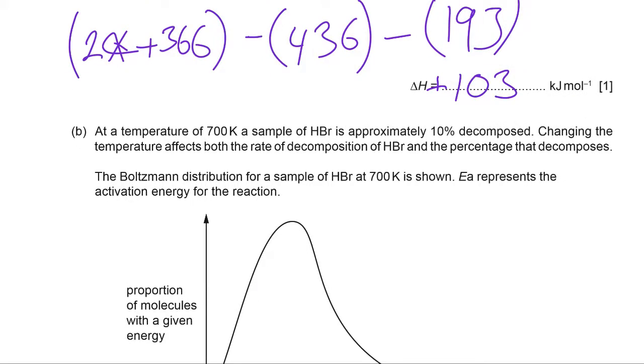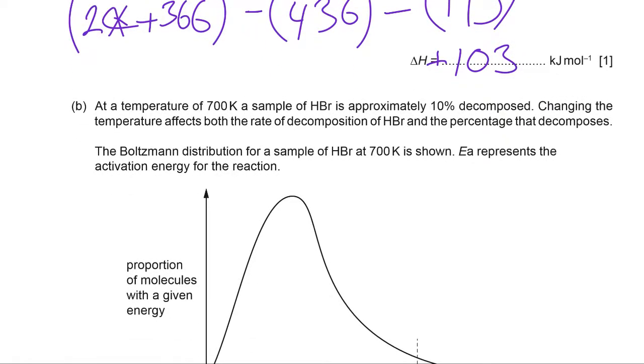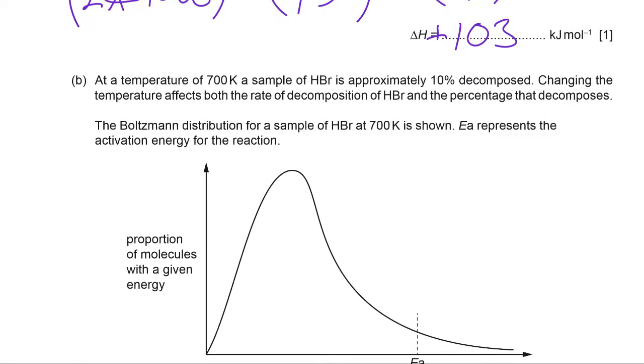At a temperature of 700 Kelvin, a sample of HBr is approximately 10% decomposed. Changing the temperature affects both the rate of decomposition of HBr and the percentage that decomposes.